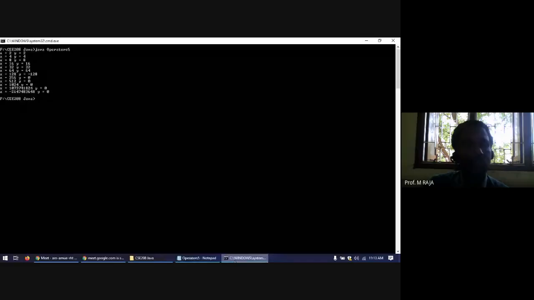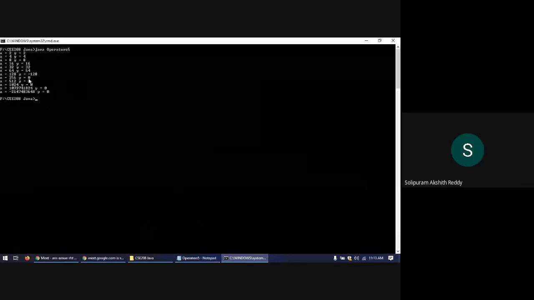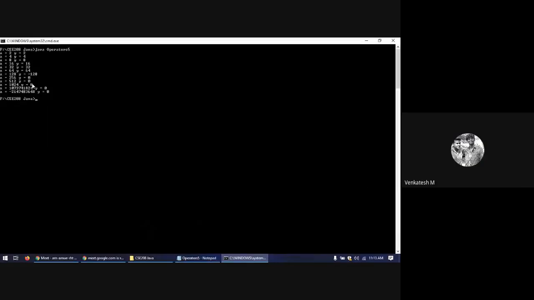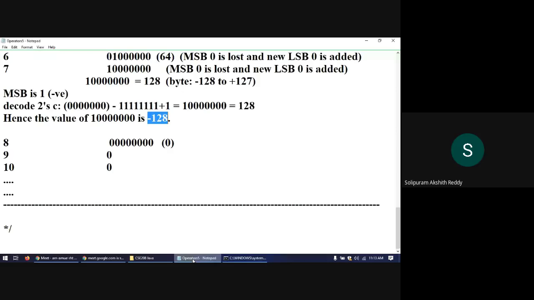Understand or not? Then in the next bitwise left shift operation, y becomes 0. Sir, whenever the most significant bit is 1, it is stored in 2's complement form.